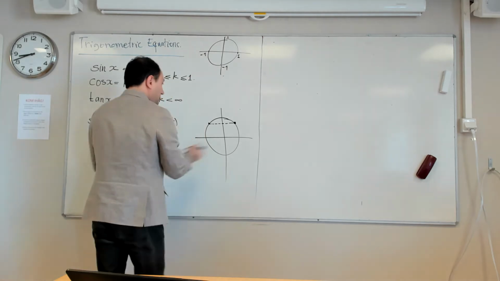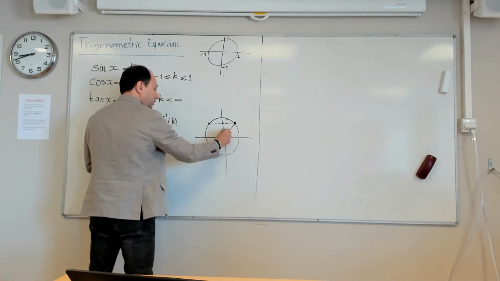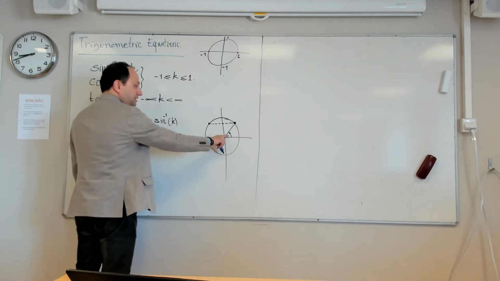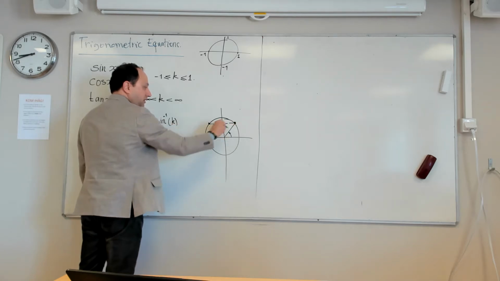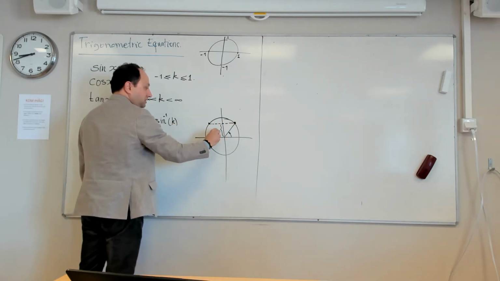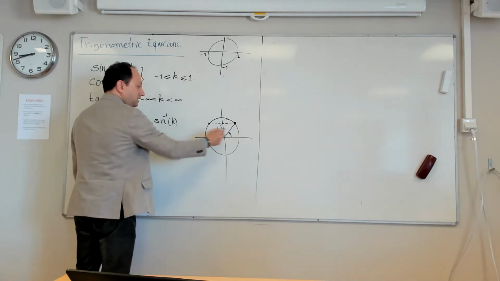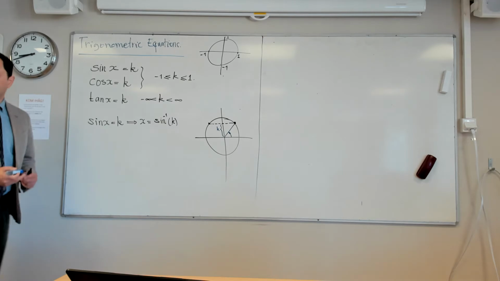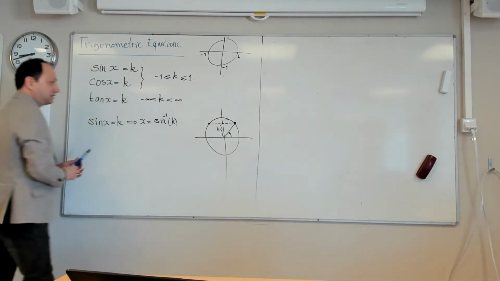When you have two intersection points, this angle is one of those angles that you are looking for. If I ask you what is the sine of this angle, you would say it is the y coordinate of this point. But the y coordinate of this point is exactly k. So this is one of those angles that you are looking for. Yes? So what that angle is, that is exactly what calculator gives you. Okay?